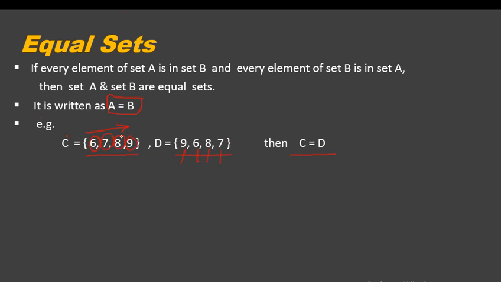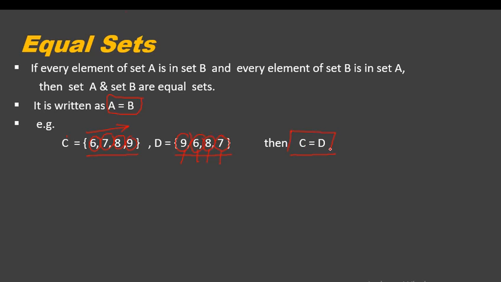But in set D we have a different order, that is, first 9, then 6, then 8 and 7. So in this set the order is not the same, but we have already studied that the order is not important while writing the set. So we say set C and set D are equal sets.